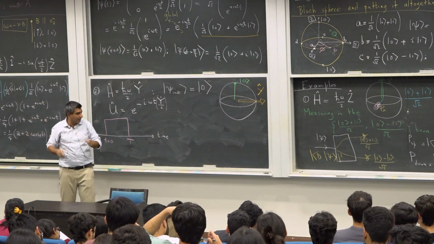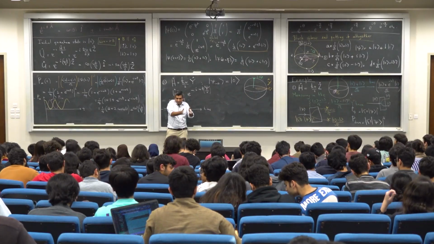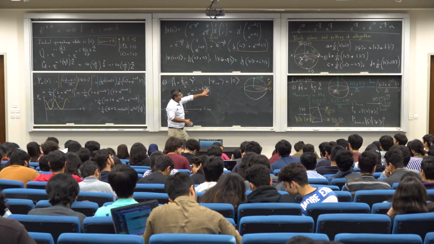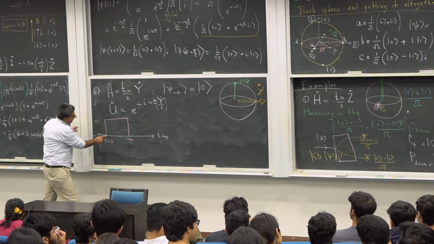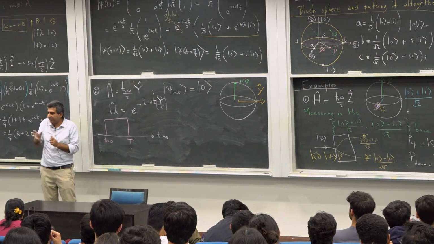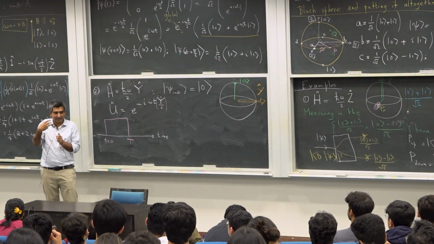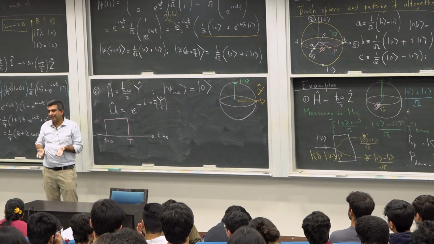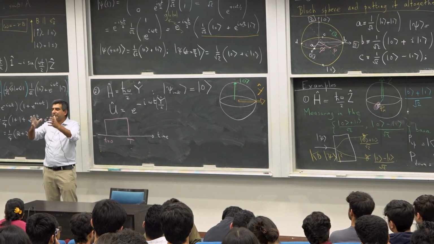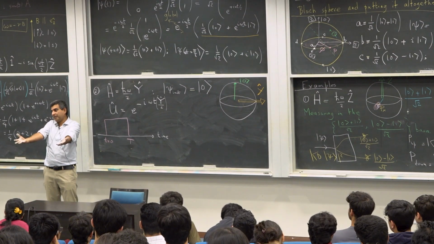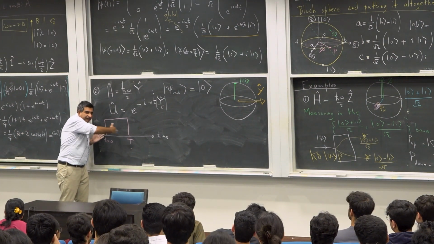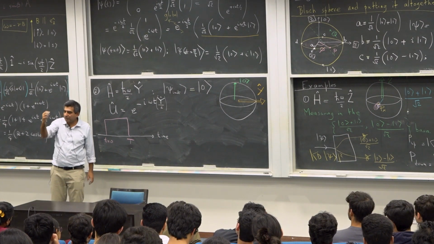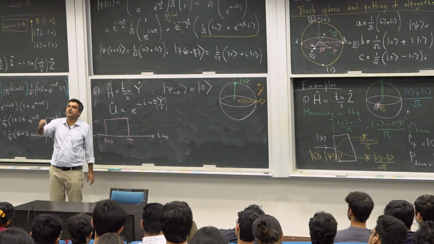And I keep it on for some time, capital T. And then I switch it off. My quantum state was ket 0. Now at this point in time, my quantum state is going to see the impact of a magnetic field. It's going to feel the magnetic field, because it's going to rotate. The quantum state is going to change with time. So within this period, when the field is switched on, its state is going to change. Can you predict what the quantum state is going to be after time capital T?